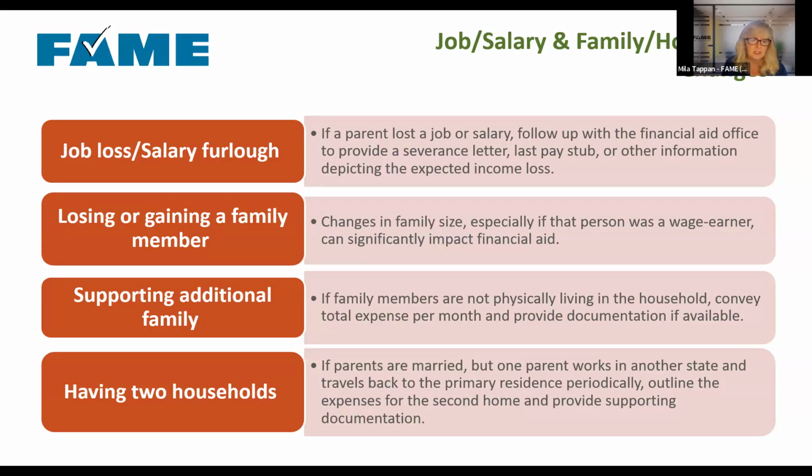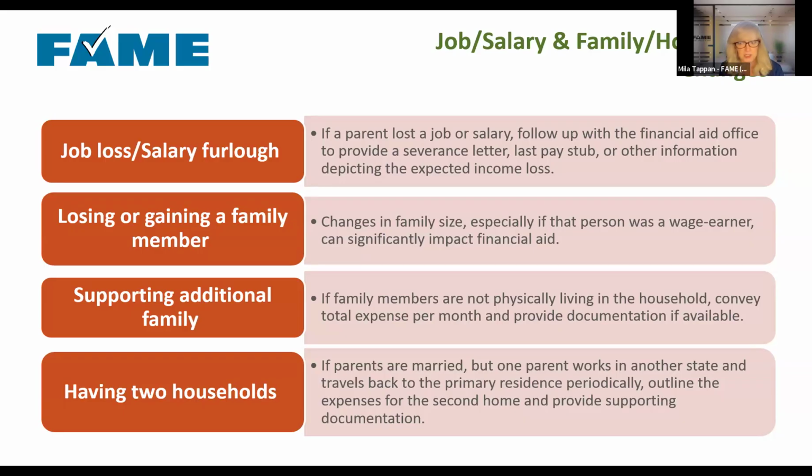So if a family is in a situation where there has been a job loss or a decrease in salary, it's going to be really important to check that box off and then add some additional information in the comments section, but likely having to follow up with each specific school, because these schools are not going to share this sort of information. Follow up with each school to let them know and provide documentation. They're going to want to see things like a severance letter or a pay stub or a way to estimate what the true income is currently.